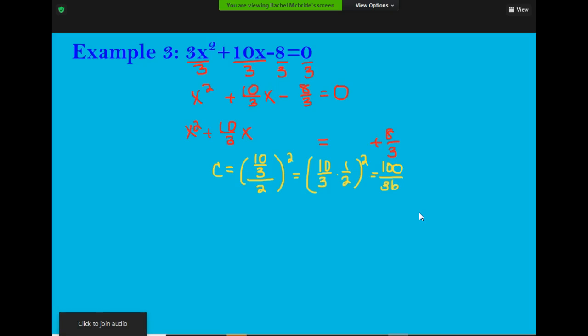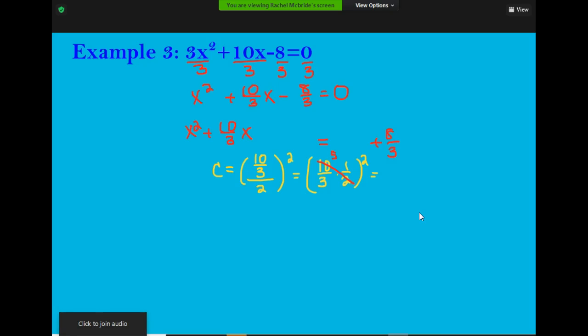So we get 100 over 36, but we know that that divides by 4. You also could have, if you were back here, simplified inside our parentheses. So you could have said 10 divided by 2 is 5, and you could have squared it as 5/3 as well.